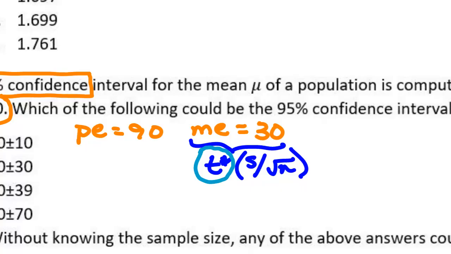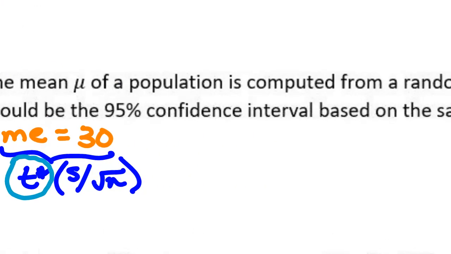So we can go to the formula sheet and pick any of the rows for degrees of freedom because we don't know what our sample size was here. But we just want to compare what's the difference between the T star for a 90% versus the T star for a 95%.